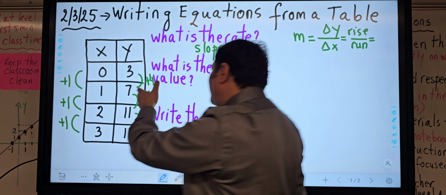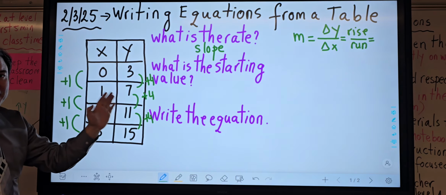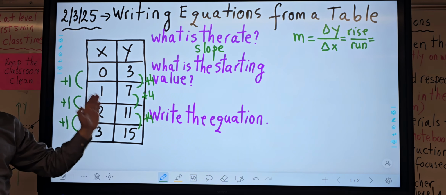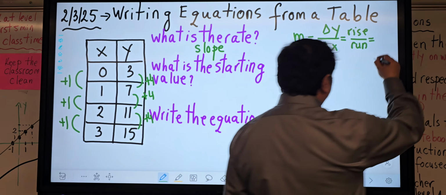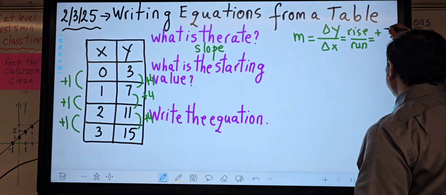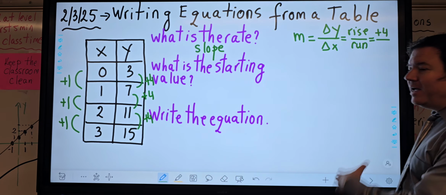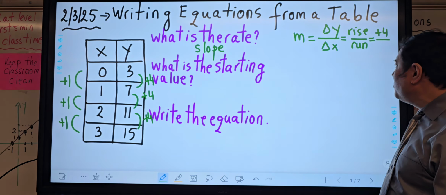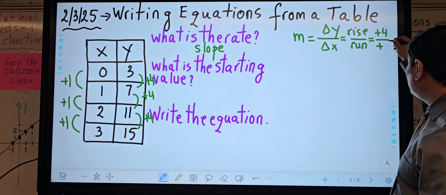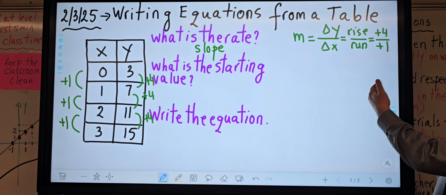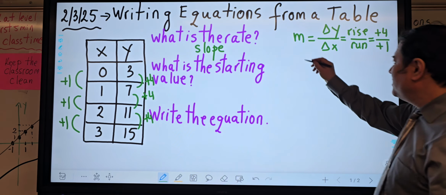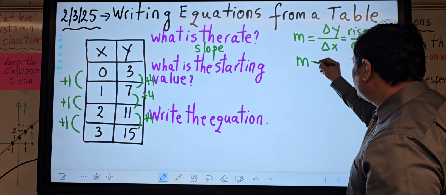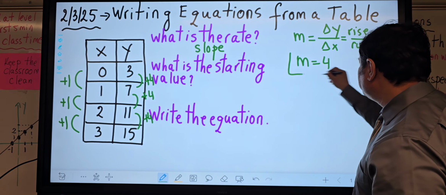In our case, the pattern is we are adding 4 each time, so delta y is plus 4, so the rise is plus 4, and the run is plus 1, because each time we are adding 1. And 4 divided by 1 is 4, so our slope equals 4.